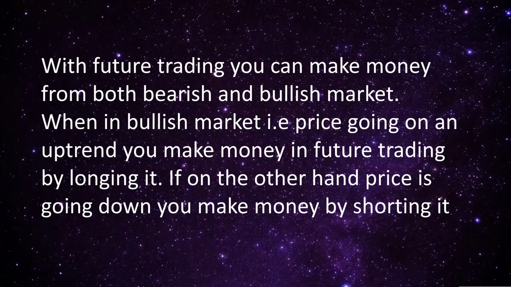Because what you do in spot is you buy at a lower price and sell at a higher price. So if the price keeps going lower and lower, it will be extremely hard for you to make money like that. Though it's still possible, because if price is going down, you cannot just start from 50 and go down to 0.